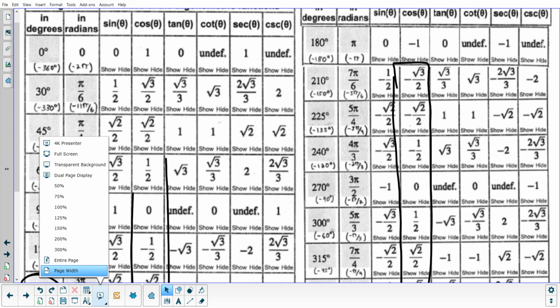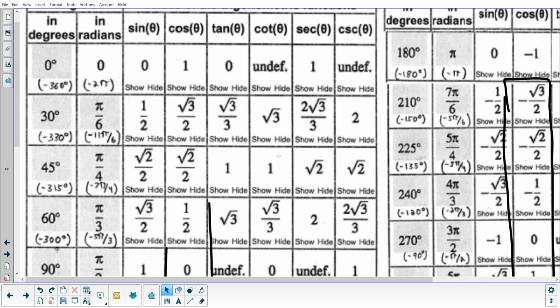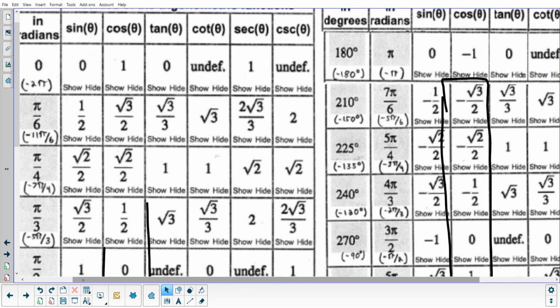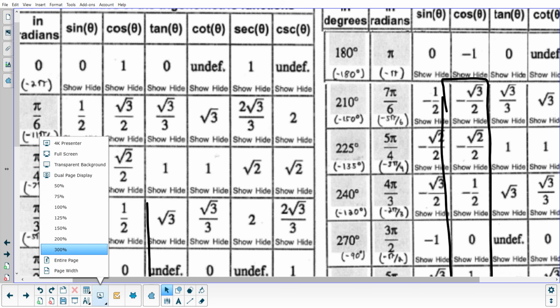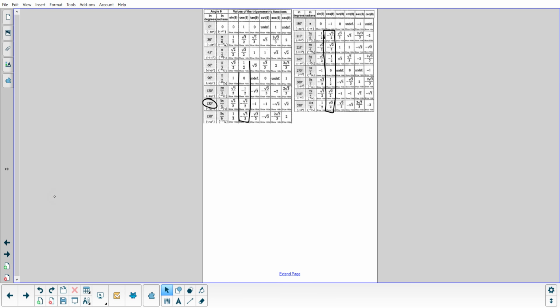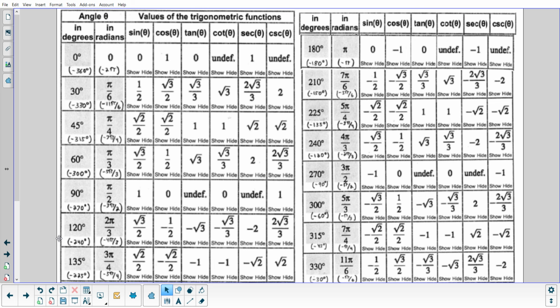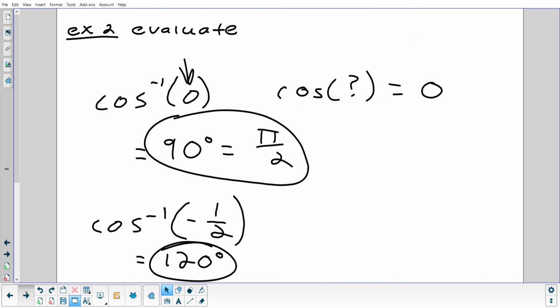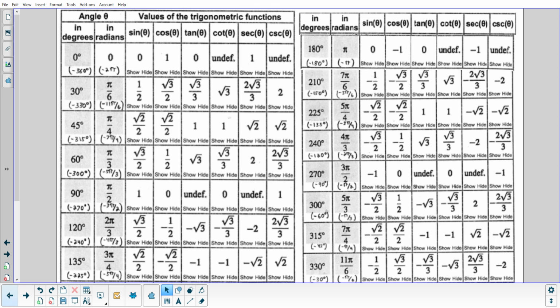Do you see any square root of 3s up in the chart? Yeah, there's some square root of 3s in here. So we should be able to find an answer. Let me just clear the whole chart. Zoom back in. And what are we looking for? Root 3.